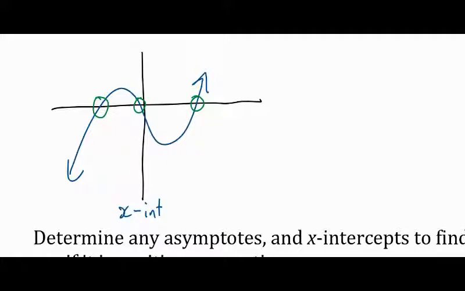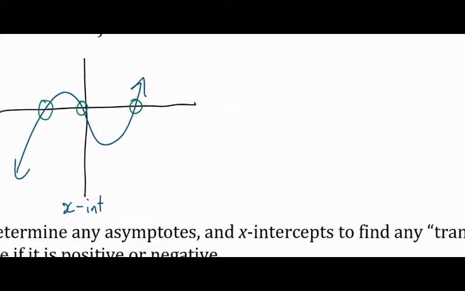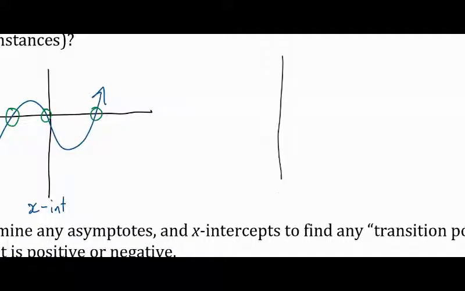What's another one? What's another one? No? Vertical asymptotes. So think about this. Just sketch one out.